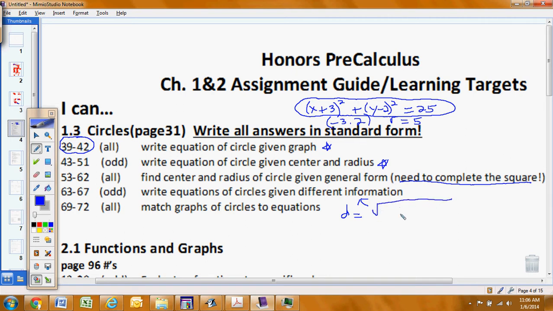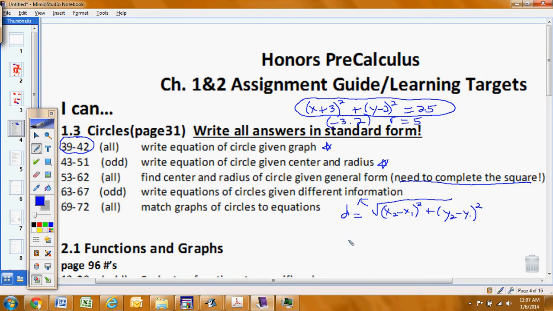The distance formula is the square root of, it doesn't really matter which way you go, (x2 - x1)^2 + (y2 - y1)^2. And you can be writing these down on your review sheet right now as well. I would start writing things down as you go through this video.